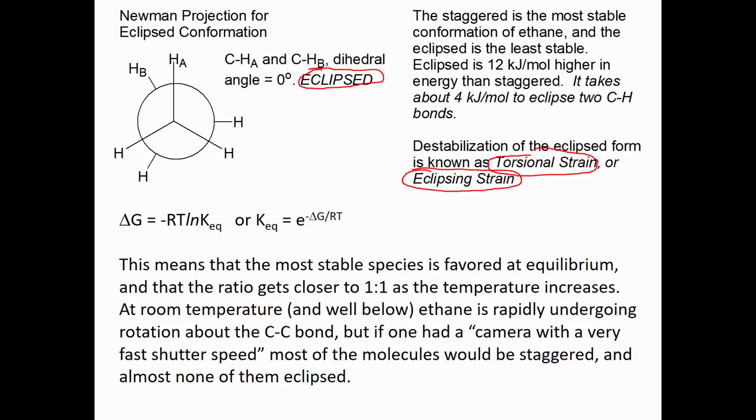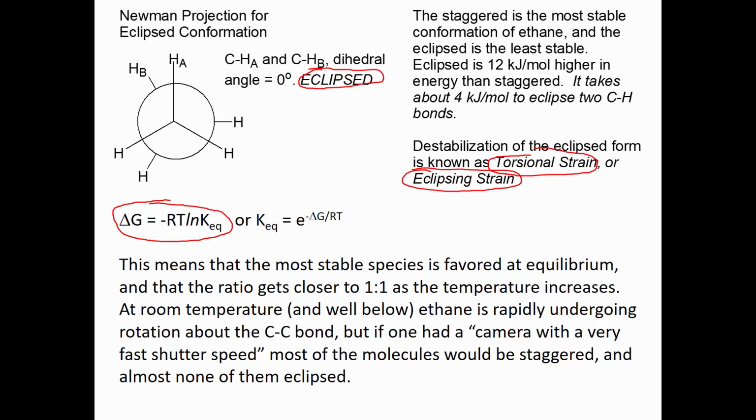So it's useful to remember this thermodynamic relationship here. Delta G equals minus RT ln KEQ. It's not an equation we'll probably try and solve in this class, but what it means is that the more stable species is favored at equilibrium, so there's more of it.